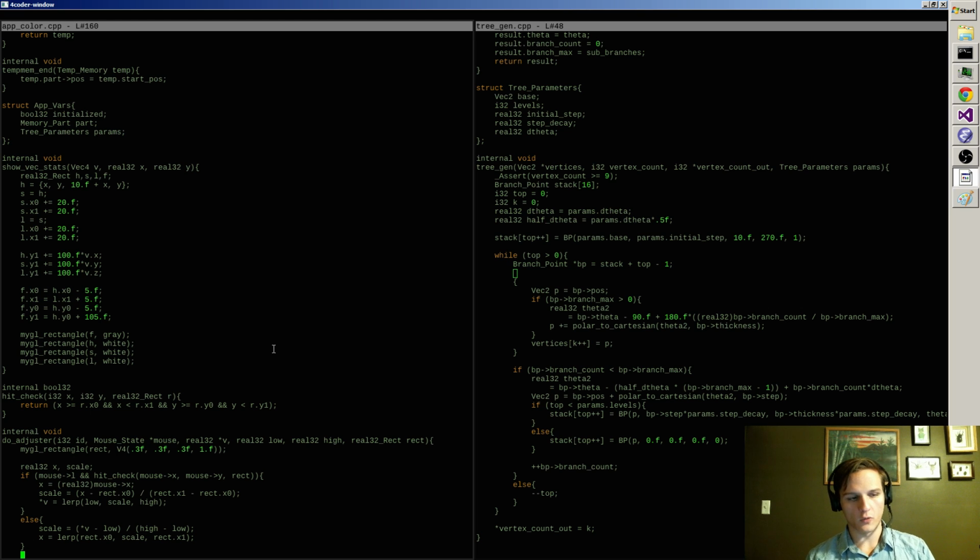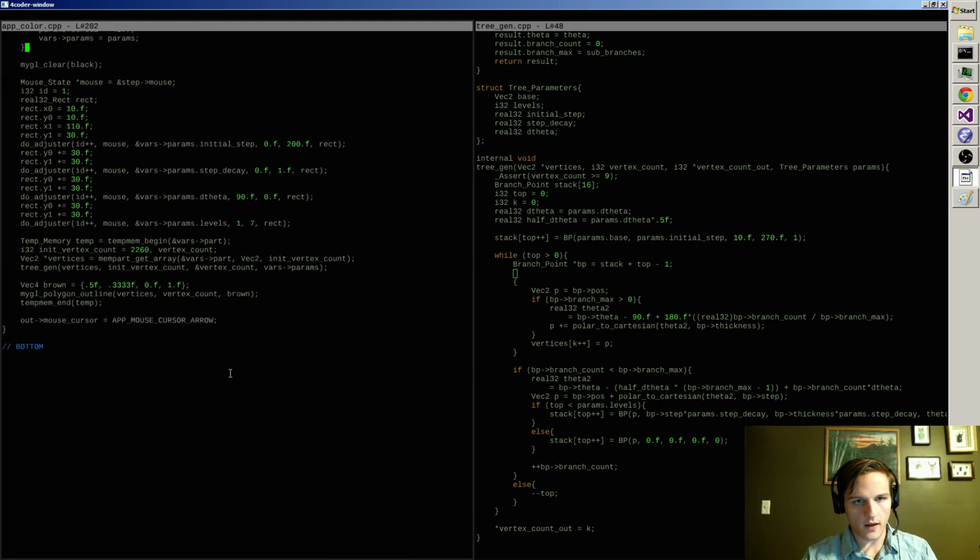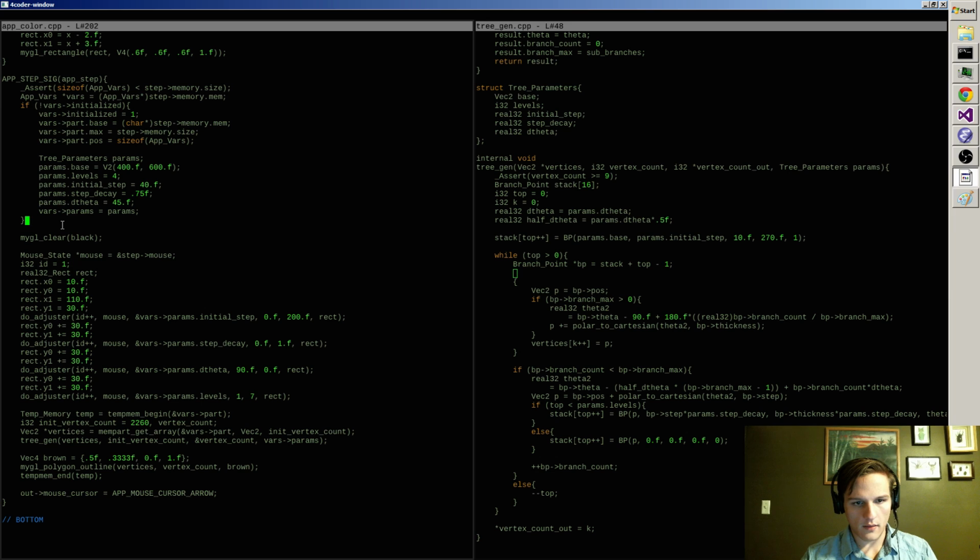A new rule to this game is that if anything in the editor breaks or becomes unusable, I either have to deal with it and make it work, or stop working on the tree and switch to working on 4coder. I'm not ever allowed to say the editor is not in a good state today and switch over to using Emacs on this project, because that would ruin the whole experiment.